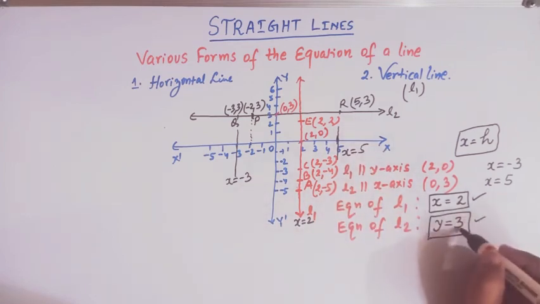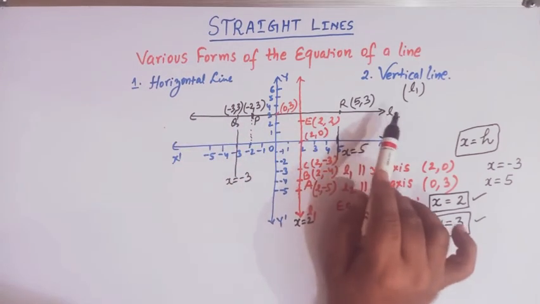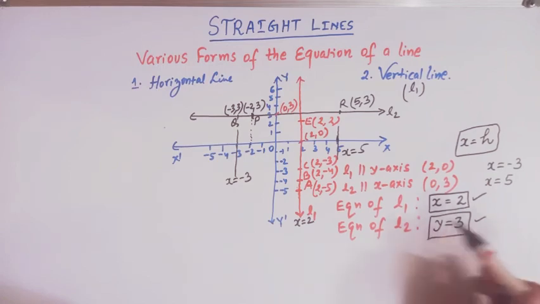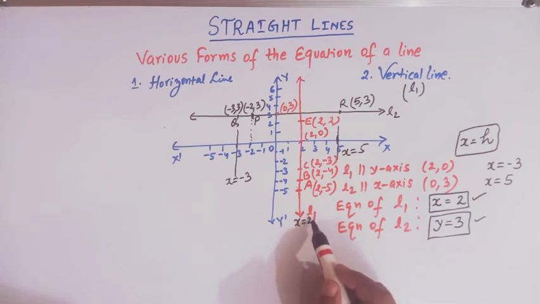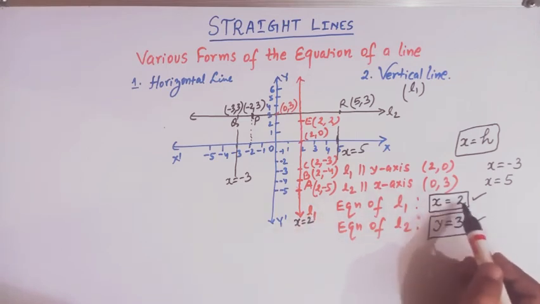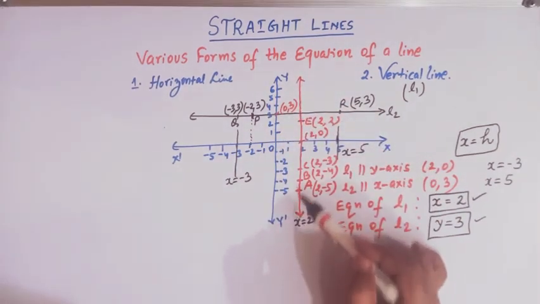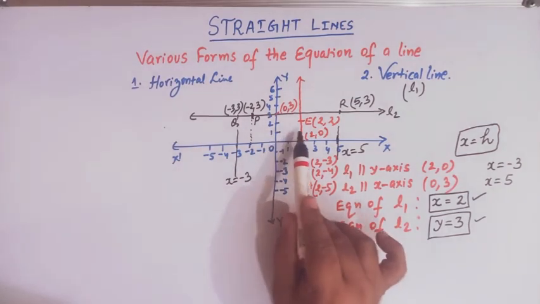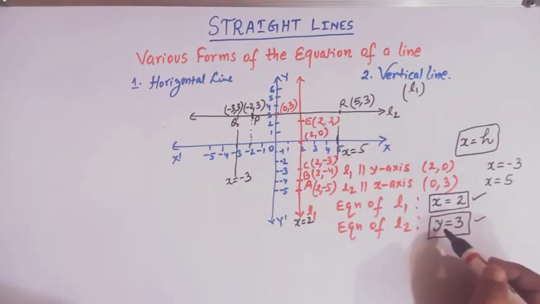So y equal to 3 implies that all the points which lie on this line L2 are at a distance of 3 units from the x-axis, right? Similarly, in the case of line L1, x equal to 2 implies that all the points lying on this line L1 are at a distance of 2 units from the y-axis, right? So the equation of this line L2 is y is equal to 3, right?